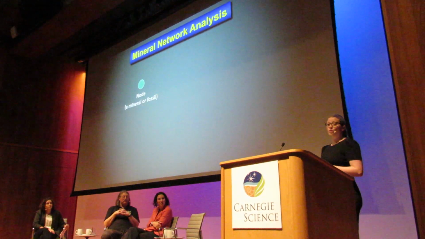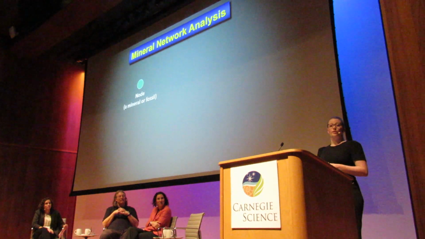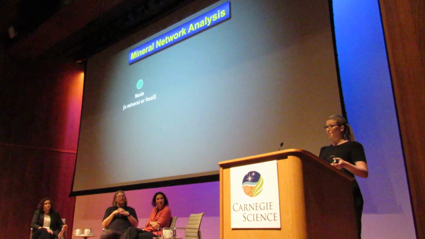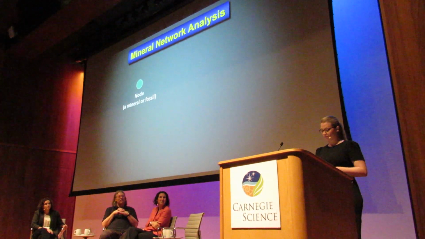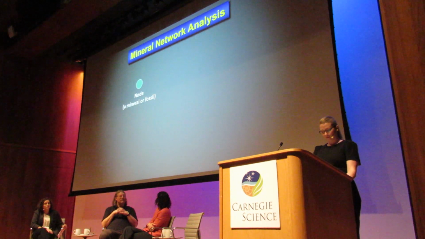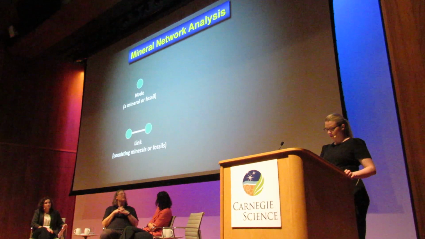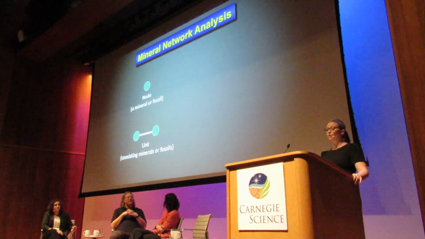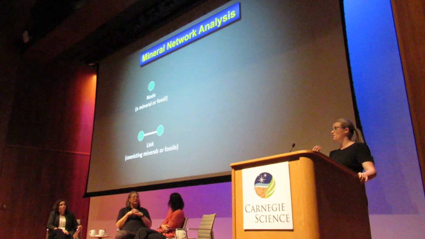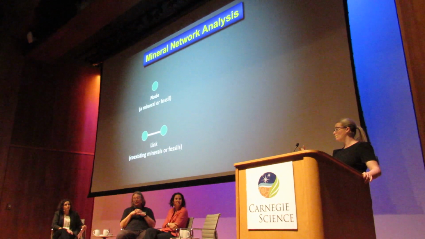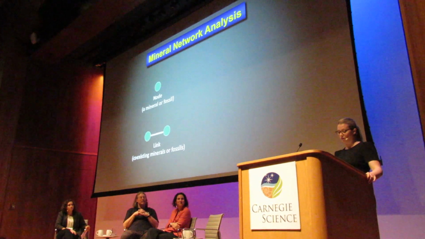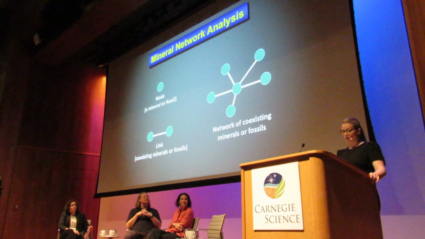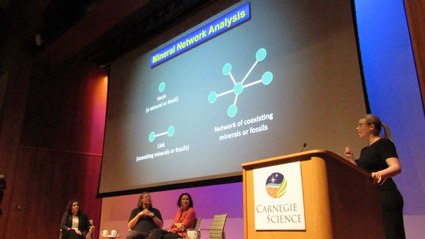In our case, nodes are mineral species, or they are fossil genera, but they're any entity in a system. And they are connected by links. In our case, this is coexistence of fossil species, or coexistence of two mineral species on Earth's surface.